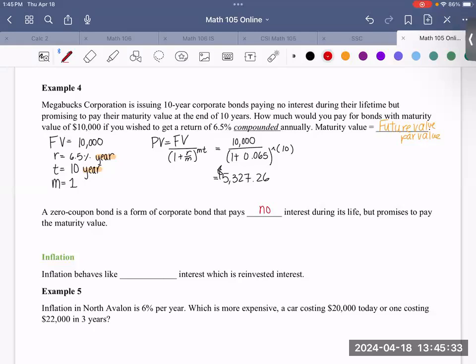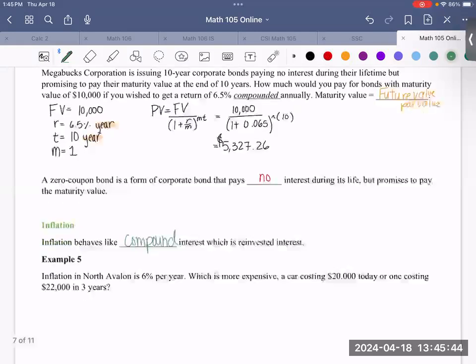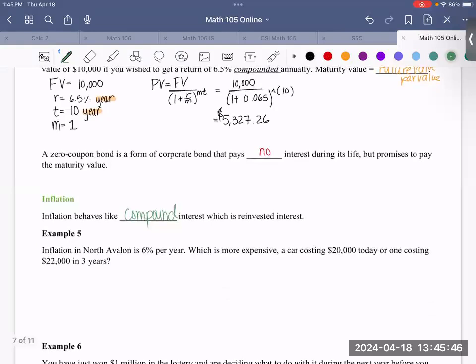And we're also going to be talking about inflation. If you hear the word inflation, it is actually going to be more like a compounding problem, which is just your reinvested interest.